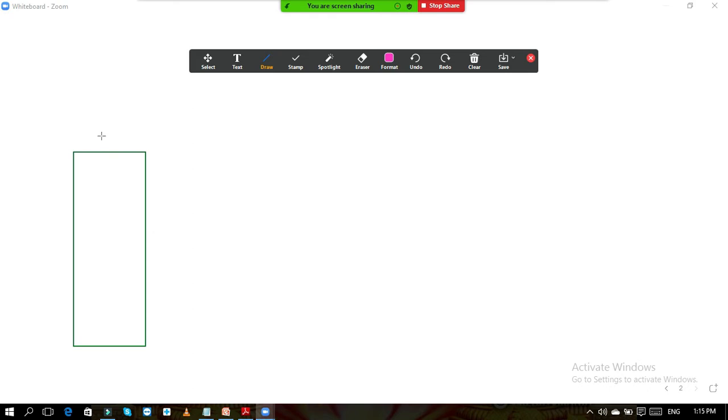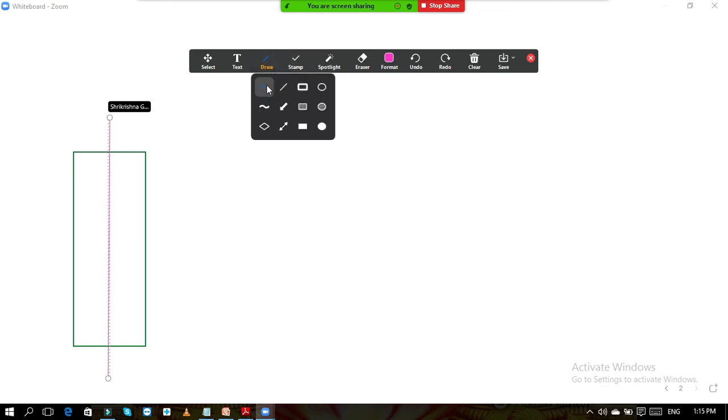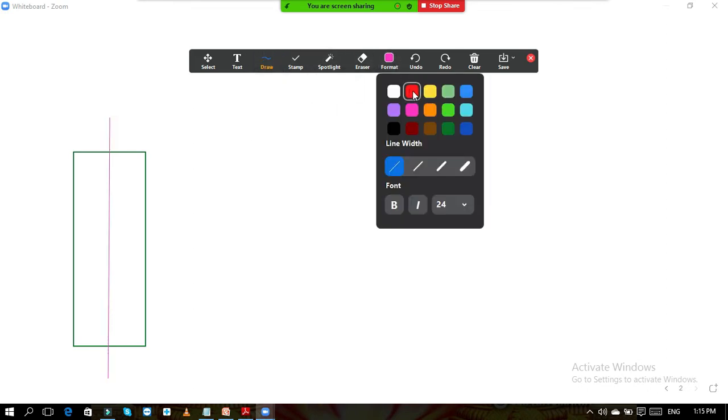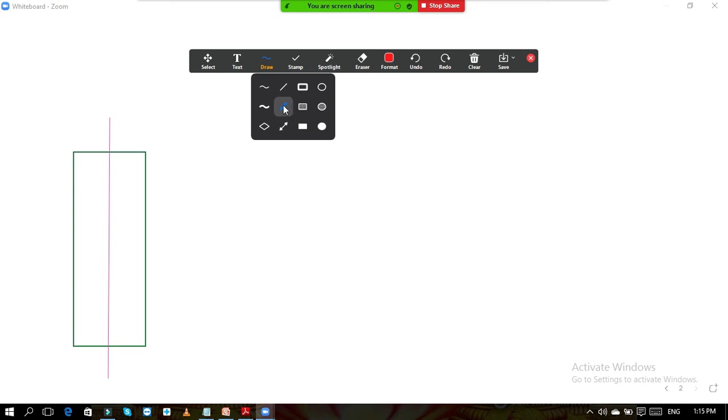Now imagine the load is acting somewhere here, in this way. If load is acting here, and I give the names, suppose this is load P.